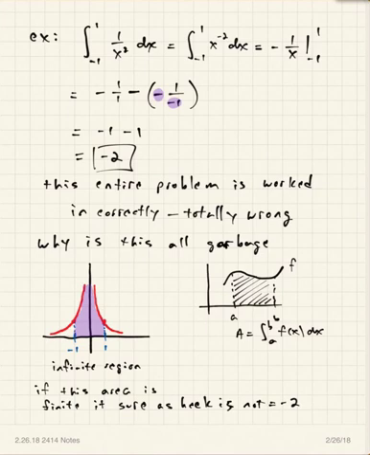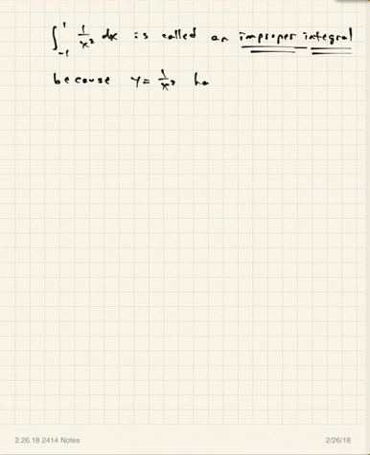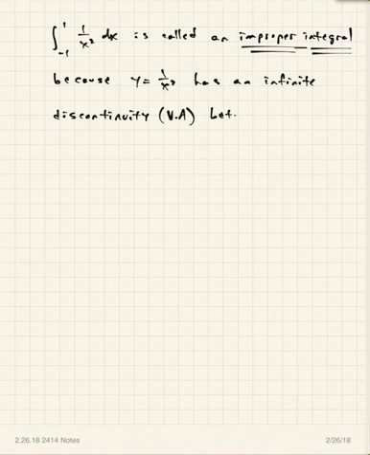This type of integral, the integral from negative 1 to 1 of 1 over x squared dx, is called an improper integral, because y equals 1 over x squared has an infinite discontinuity, in other words, a vertical asymptote, between the two limits of integration.